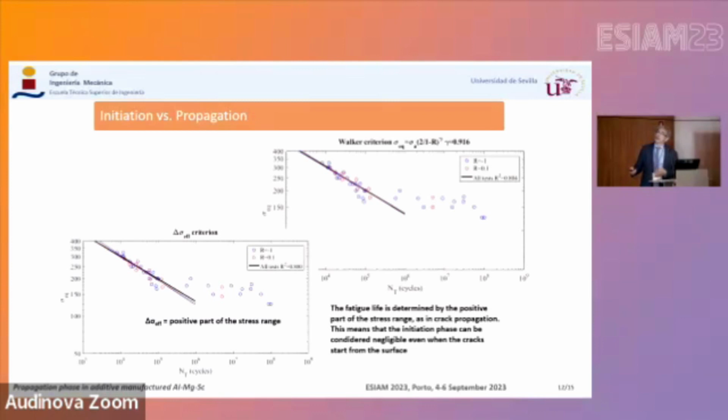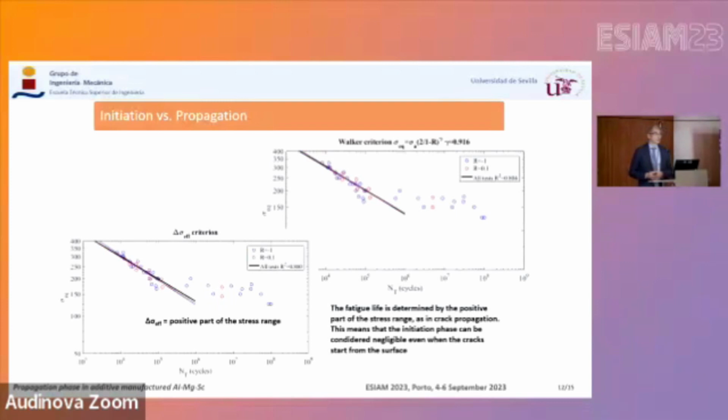And we did another one, which is this one, which is taking as the parameter the positive part of the range of the stress cycle. The result is also very good, maybe slightly worse than this one, but it's very, very good.